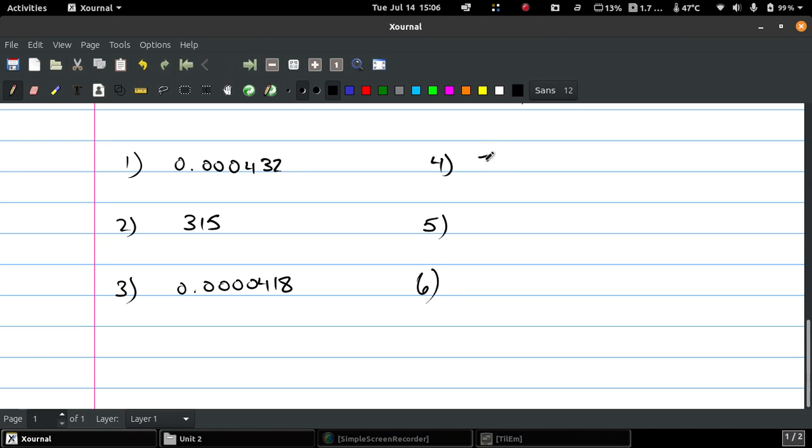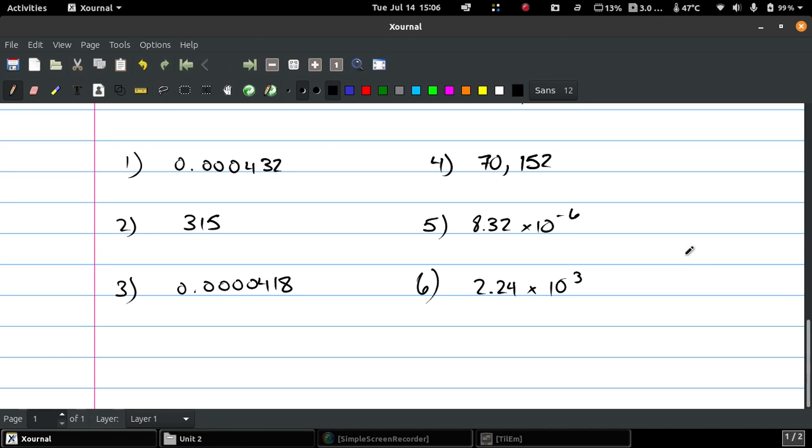So we have 152 and 2.24. So I want you to either convert them to scientific notation form, or convert them back to regular notation if they are already in scientific notation. Pause the video and work on these.